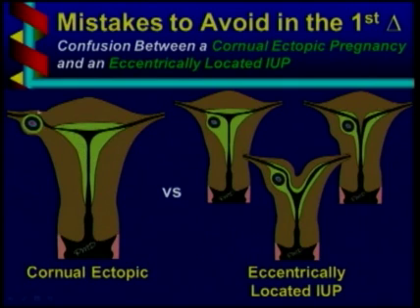There's no pregnancy there, but there is a pregnancy in the cornu of the uterus. This is a cornual or interstitial ectopic pregnancy. Note that it's very eccentric relative to the right to left side of the uterus. This is the middle, it's way off to the side. But you can get pregnancies off to the side in other situations.